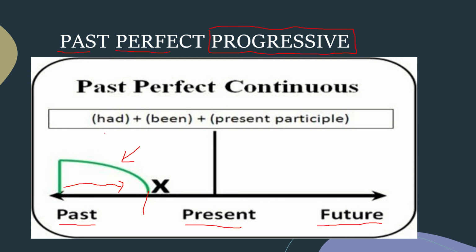And it's formed by the word had, which is the past of the verb have, the past participle of the verb to be, so been, and the present participle, or the ing form, of the verb. All right, let's see.